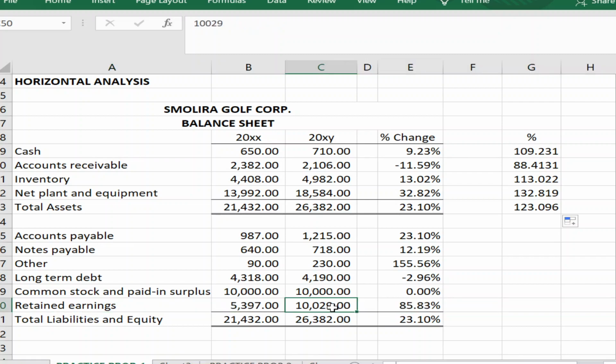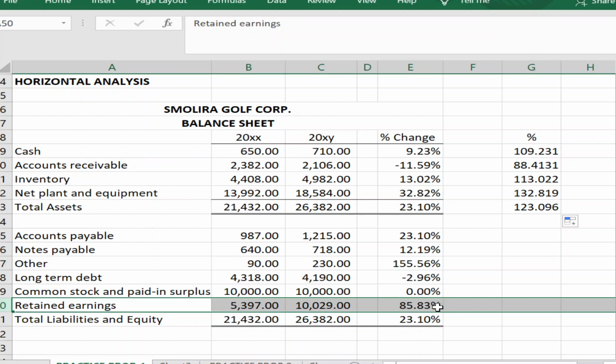If this is attributed to an increase in our net income, then that is good news. And so we have to improve our operations so we can further increase our net income so that our retained earnings will also increase. What happens if we increase our retained earnings? This will, of course, make our investors happy because they can see that there is a payoff with the investments that they have made in the company.